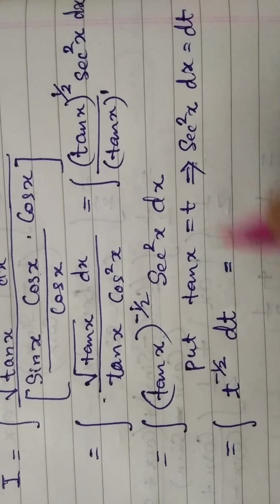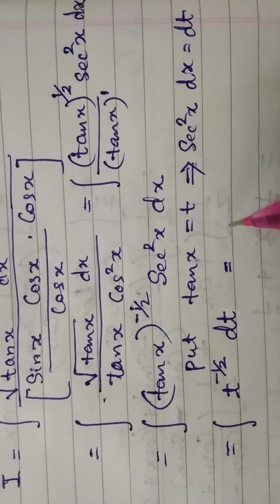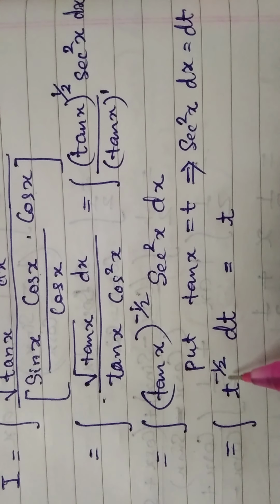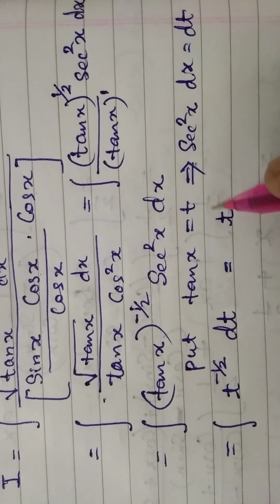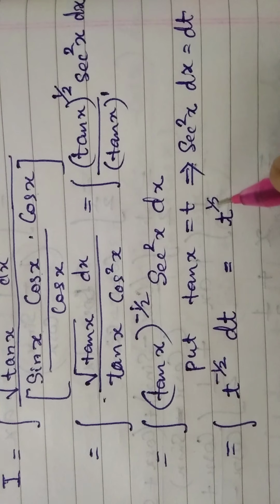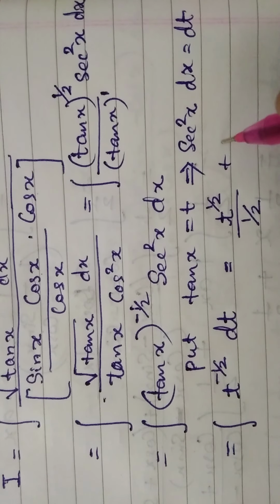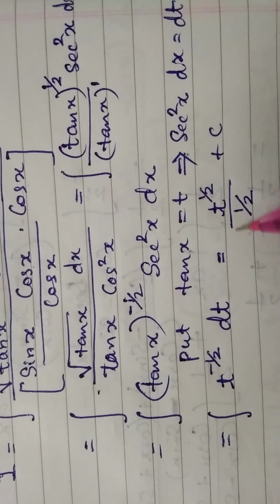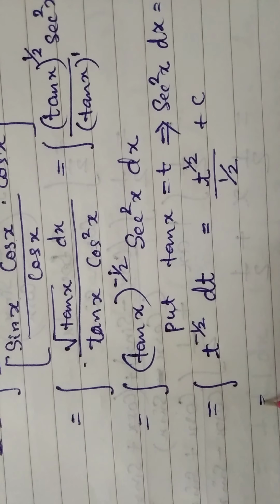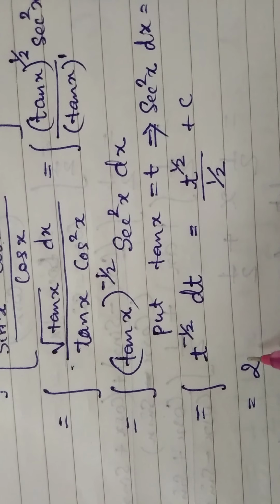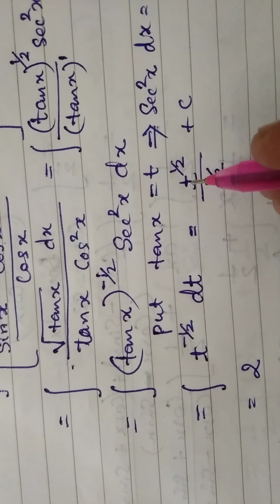I know if I integrate, power increases by 1. So t raised to minus half, you add 1, so t raised to minus half plus 1, that will become plus half, upon the same power, and plus c. The denominator's denominator means 2 goes to the numerator, and t raised to half.